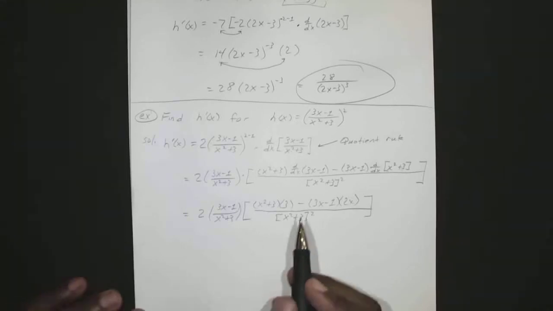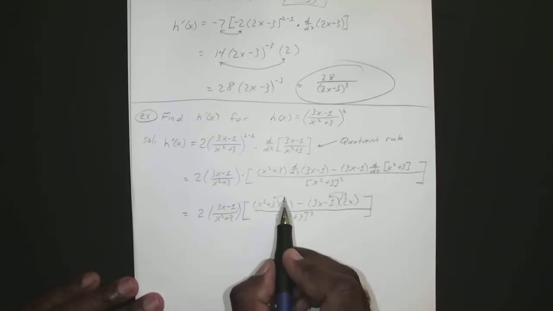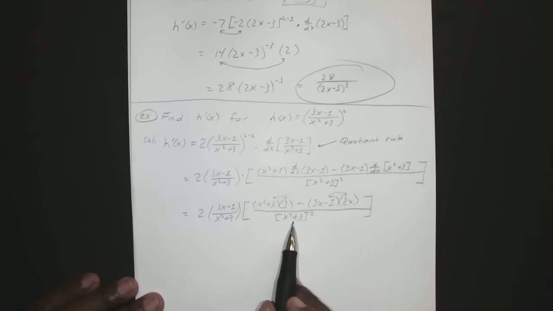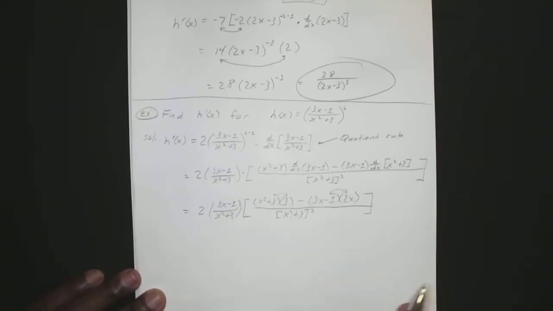Okay, so now we can simplify this a little bit, but you don't really have to worry about the denominator, because once you multiply those two, you just get (x squared plus 3) to the third. But this part you want to simplify a little bit.